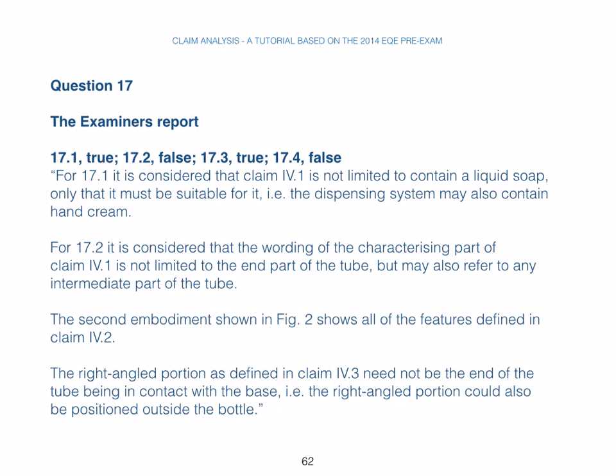The second embodiment shown in figure 2 shows all of the features defined in claim 4.2. And lastly, the right-angled portion as defined in claim 4.3 need not be the end of the tube being in contact with the base, i.e. the right-angled portion could also be positioned outside the bottle.